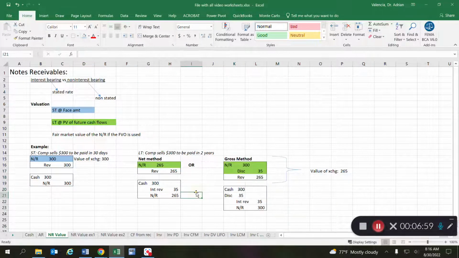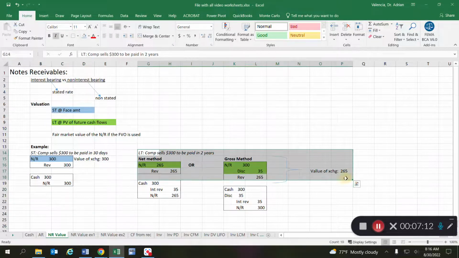Okay, so that's a simplistic way of looking at it, but here's what I want you to see big picture. Under the short-term environment, the value of the exchange is $300, the value of that transaction. Under the long-term environment, whether you use the net method or the gross method, the value of that exchange is 265.